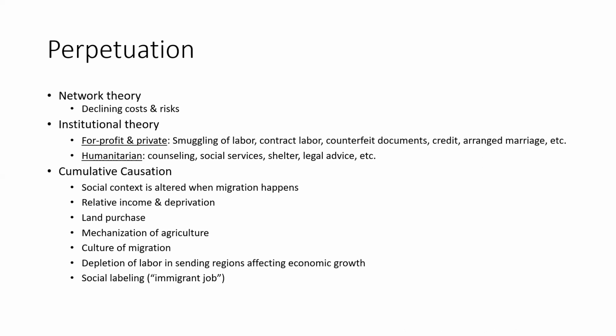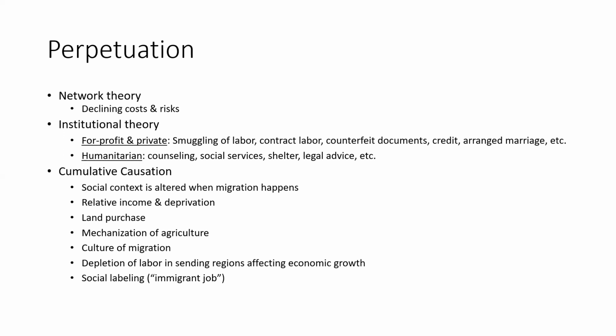The earlier migrants from the same location, they are quite familiar with the destination areas. They live there for a while. And if the potential migrants know some of these earlier migrants, maybe they already have their jobs lined up, or they know how to get jobs, regardless of whether they are legal or not.